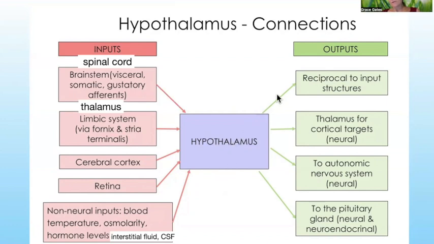And then outputs to all of the input structures, and outputs to the thalamus, to the autonomic nervous system, and to the pituitary gland, which then speaks to the rest of the body with hormones. So just a tremendous amount of traffic coming into and going out of the hypothalamus.